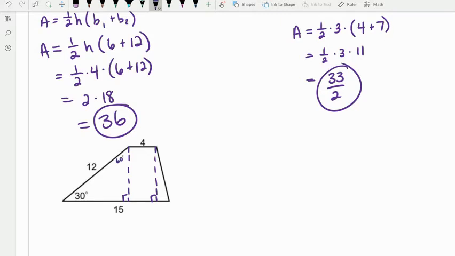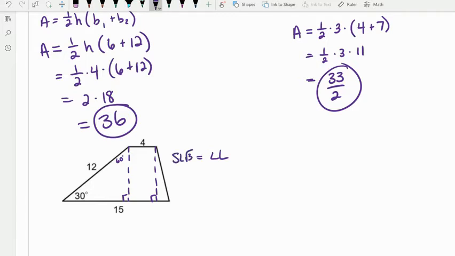So this is our 60-degree triangle, or 60-degree angle. Remember, in a 30, 60, 90, we need the height over here, which is across from the 30-degree angle. So that means that that is our short leg. So to find the short leg in a 30, 60, 90, we know that the long leg is equal to the short leg times radical 3.